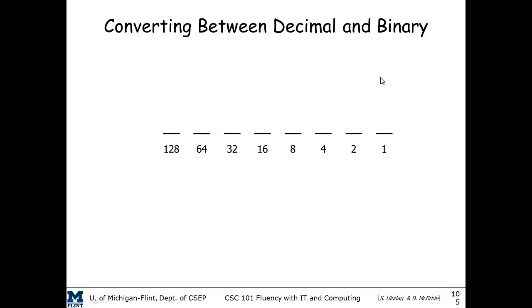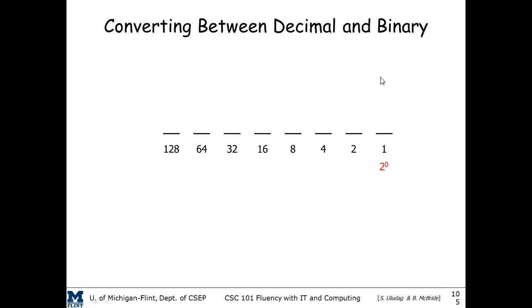Notice that all I did was simply double the value of each blank as I moved from the right to the left. Now, why are these numbers assigned to each of these blanks? Well, again, it's because binary, which literally means two parts, is a base 2 numbering system. So each blank or place value of an 8-bit binary number is using the base of 2 raised to some power starting with 0.